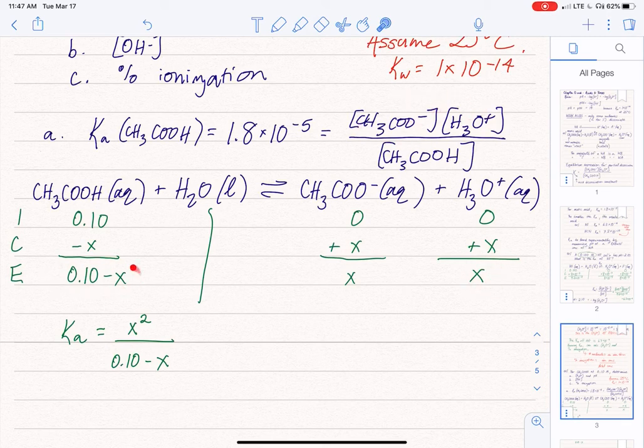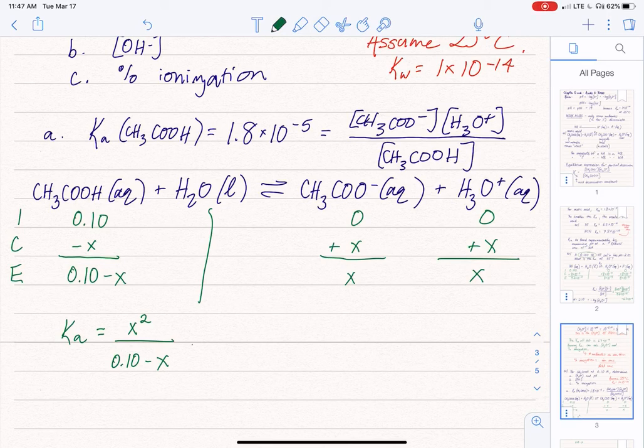And this 0.1 minus x is my equilibrium concentration for acetic acid. So plugging those values into Ka is how I get this expression, that the Ka is equal to x squared over 0.1 minus x.